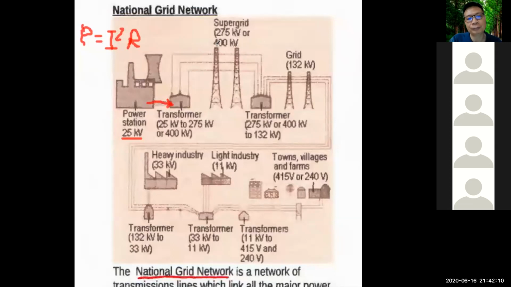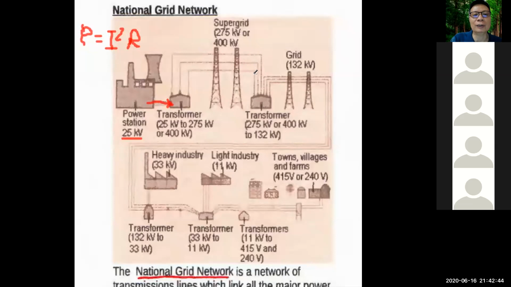Okay, you know the reason already. Now step down when the power is sent to a place near a town. For example, from Terengganu, go near a big town, let's say Kuantan. Then we need to use another transformer to step down from 400 to 132.